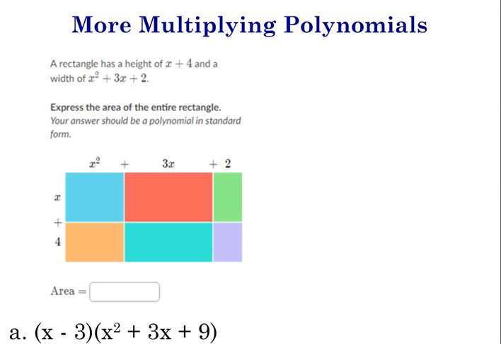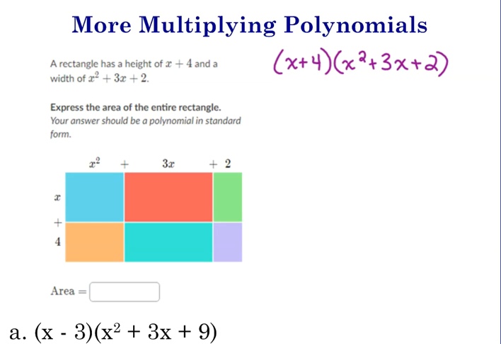I kind of already went over this just a second ago. Area of a rectangle is length times width, right? So technically you can go over here and say, in this case, height instead of length, x plus 4 times x squared plus 3x plus 2. Well, you might know how to handle that.